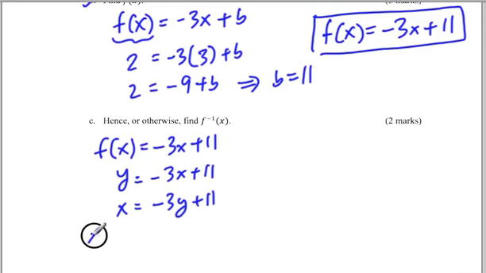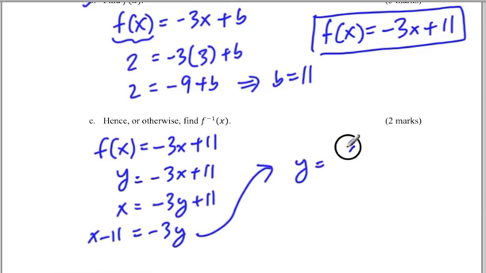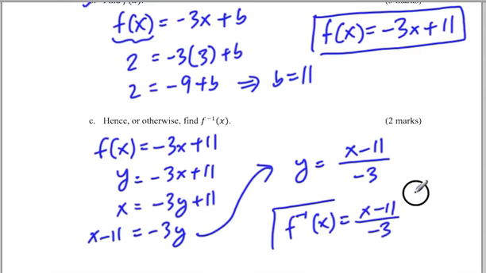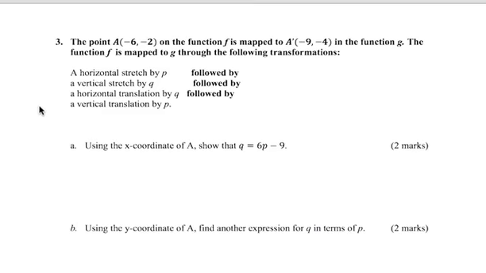And then this becomes x minus 11 is equal to negative 3y. So y is equal to x minus 11 divided by negative 3. So f inverse of x is finally x minus 11 divided by negative 3. And that's it. That's how you do C.